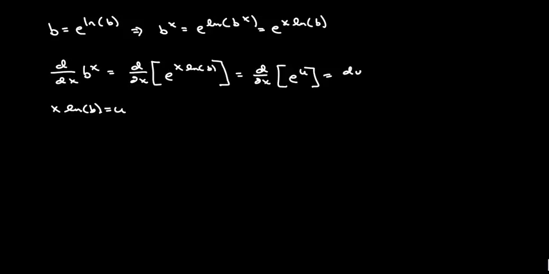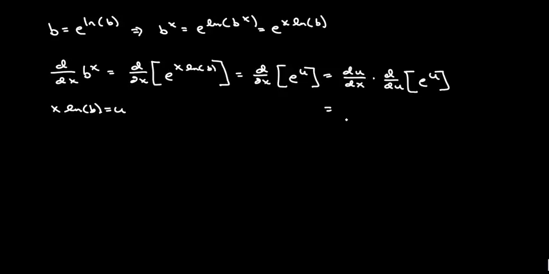So this becomes du dx times d du of e to the u. Well, we know d du of e to the u is just e to the u, and that is because we defined e to be the guy whose derivative is itself.